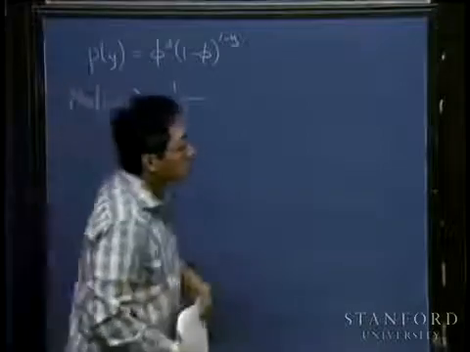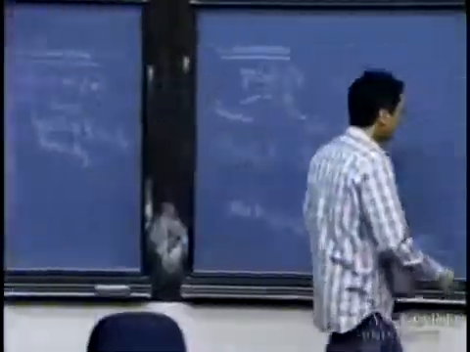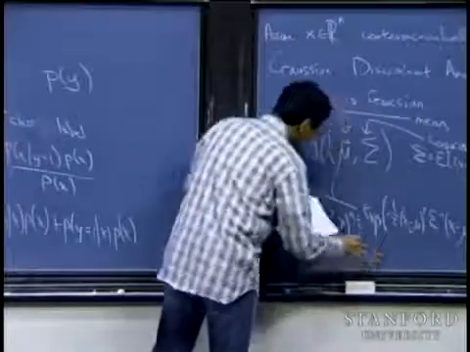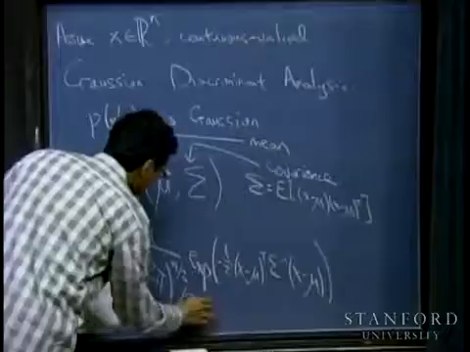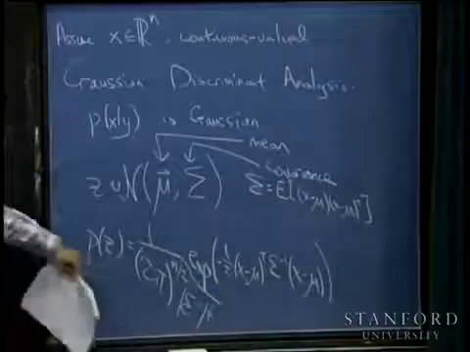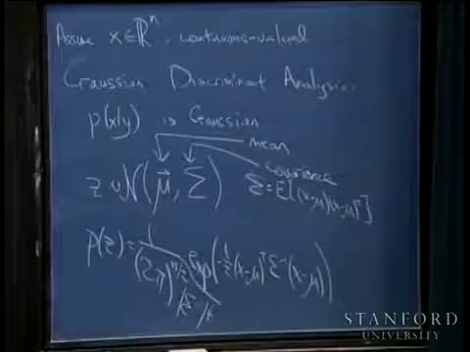Oh, you know what? Yes, excuse me. I thought this looked strange. There should be a determinant of sigma to the 1/2 in the denominator there. It's no big deal.